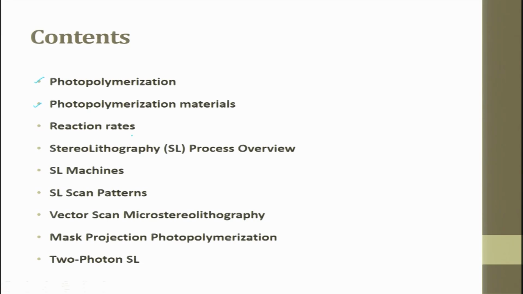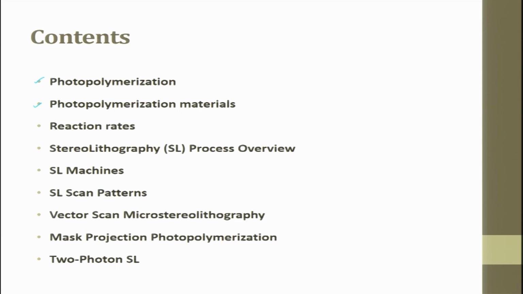Then we will see reaction rates, and then we will start looking into various processes: stereolithography, and we will see a machine in stereolithography. Then what are the different scan patterns, vector scanning, then mask projection photopolymerization process, and at last it will be 2-photon stereolithography processes.